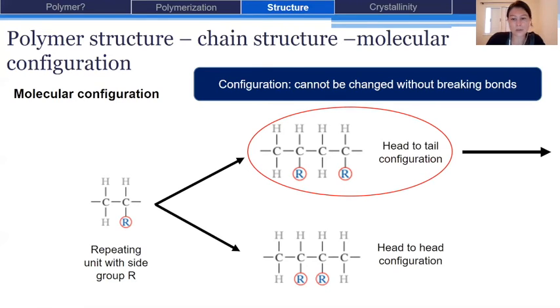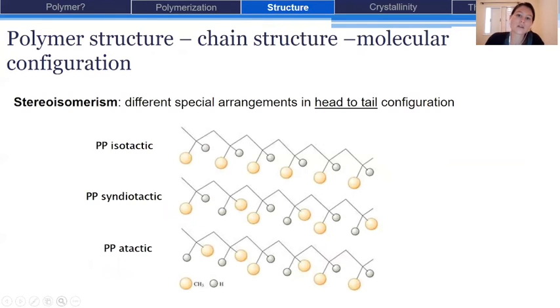So now let's see the different stereoisomerism that we can find in the head-to-tail configuration. Stereoisomerism is the different spatial arrangement in head-to-tail configuration.